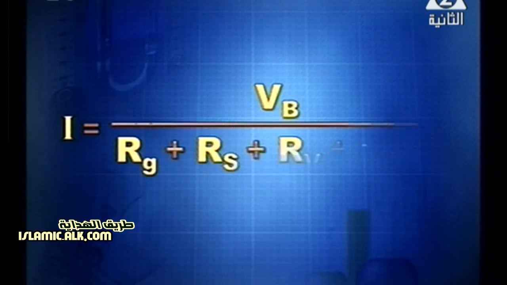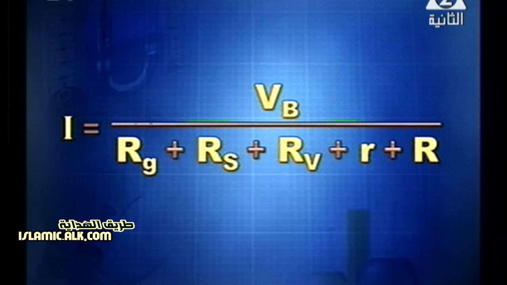When measuring an external resistance, the current, of course, will not be Ig. It will be less than Ig, and it is equal to VB over (Rg + Rs + Rv + r + R), where R is the resistance required to be measured.